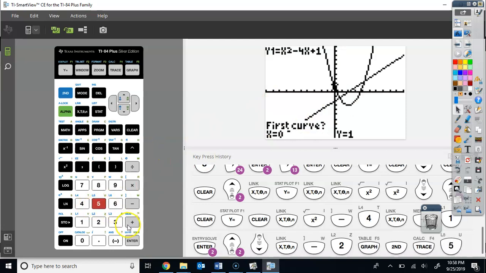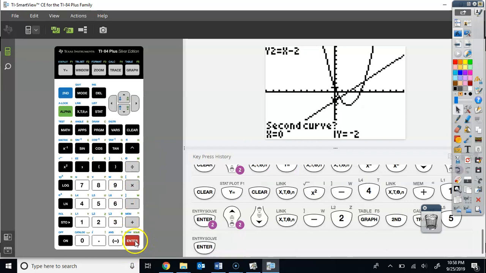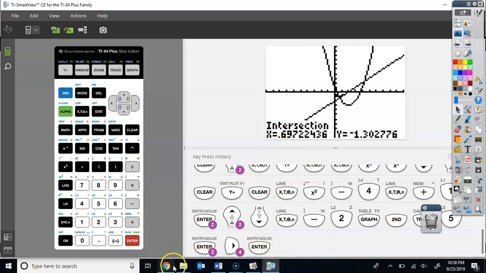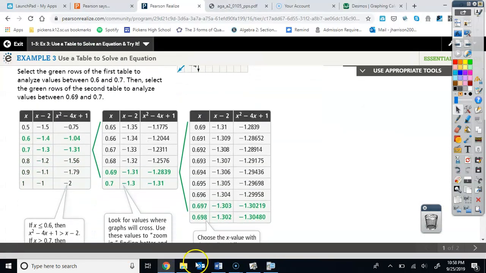You can hit 5. It'll say first curve, second curve, and then you can guess. We're going to guess as close as we can right there. Press enter, and notice it says 0.697, which is exactly what Mr. Harrison said using our table of values if we kept plugging in smaller increments.